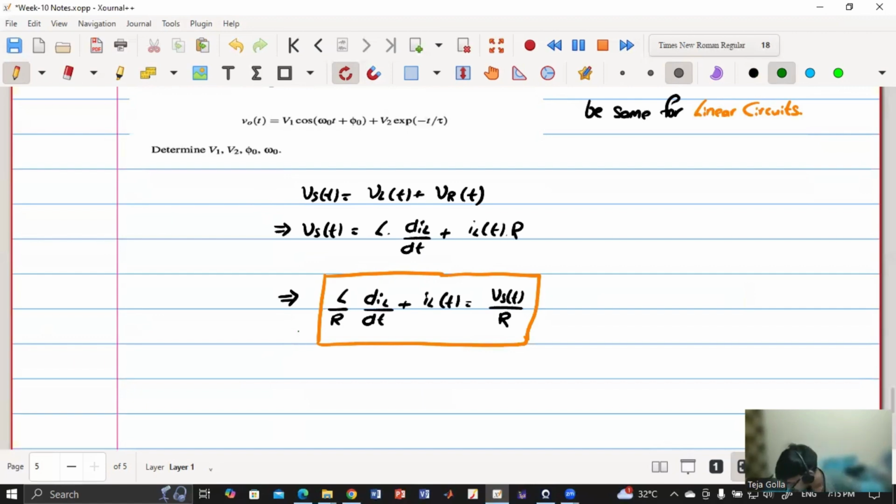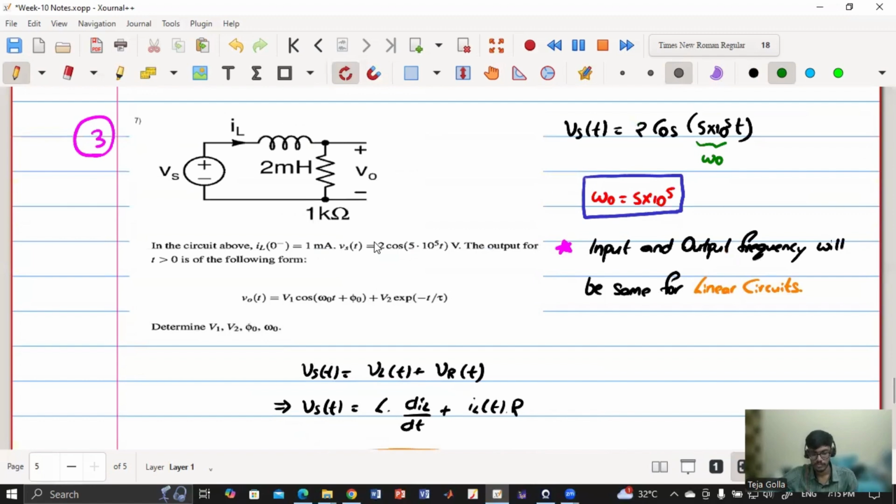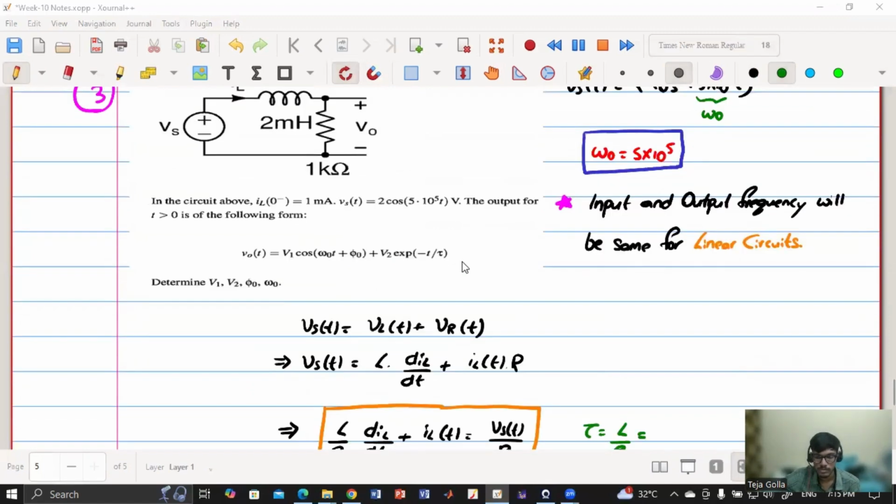From here we can also get tau, which is L by R. So for the given L and R, what is the value of tau?